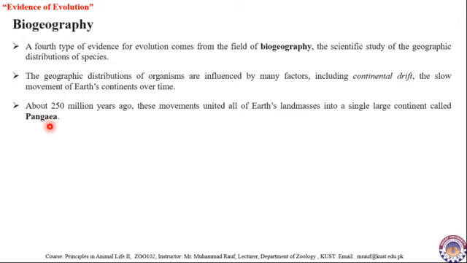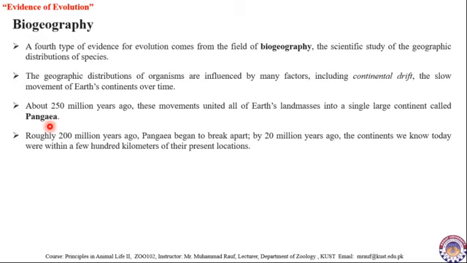So the pieces of land, as you know that 70% of the surface of the earth is covered by water, whereas 30% is land, also floated like pieces of iceberg on water, and about 250 million years ago all the pieces combined with each other and formed a single mass which was called Pangaea.